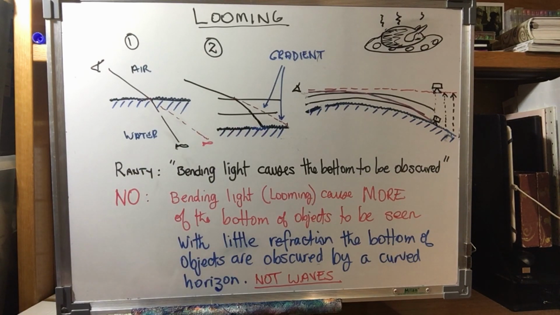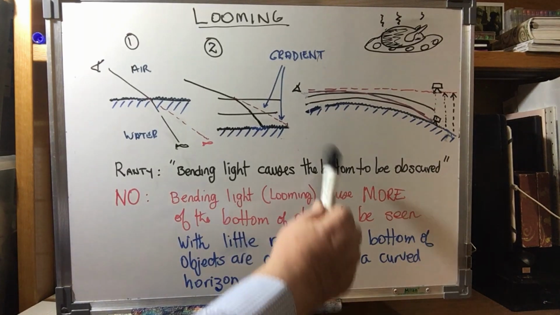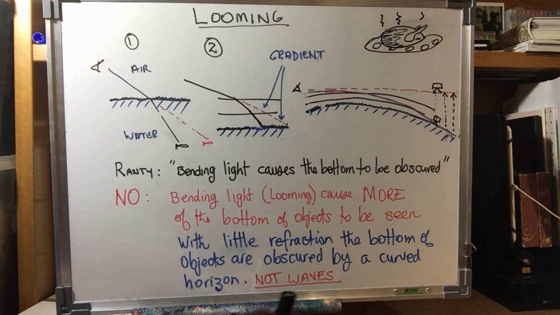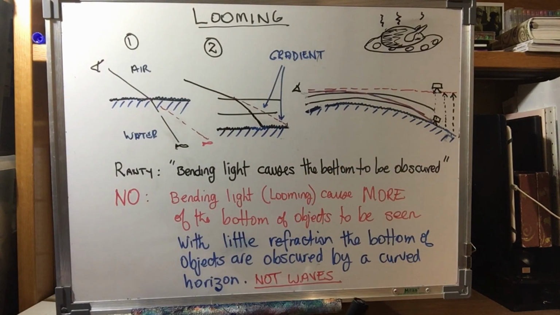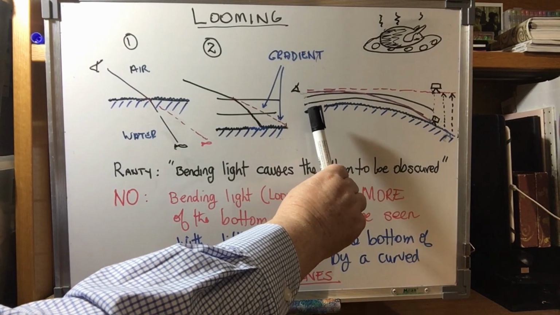Now, in the Black Swan situation, over here, that's the curve of the Earth, and what's happening here is there is again a gradient over the surface. It's quite a hazy day. There's probably lots of water in the atmosphere, and the light bends.